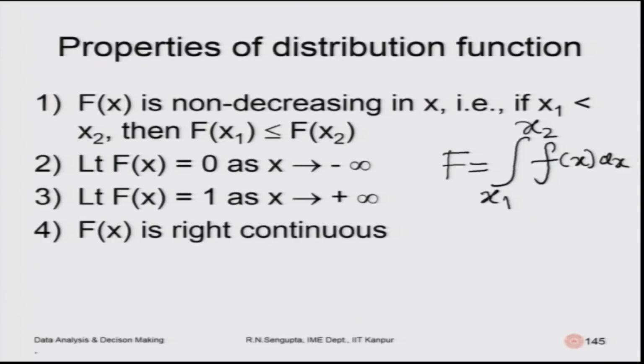In that case, let me expand capital X for our better understanding. So, it will be given as the probability that x 1 is less than or equal to capital X, which is less than or equal to small x 2.